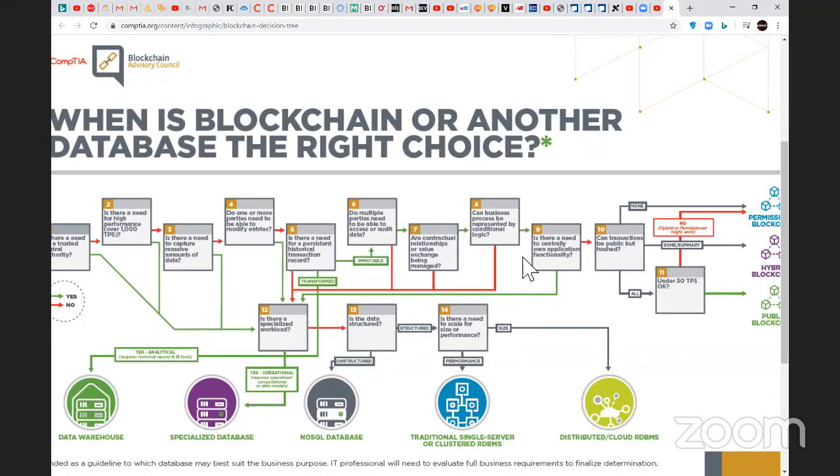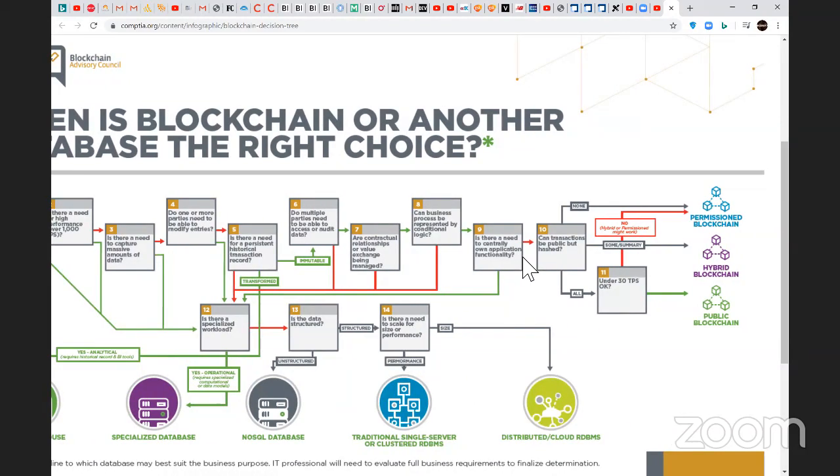So what they're talking about is the configuration of the blockchain, whether private or public, will determine it. So hybrid means that some may have access, others may not. Permission means only the selected people will have access, no one else will.